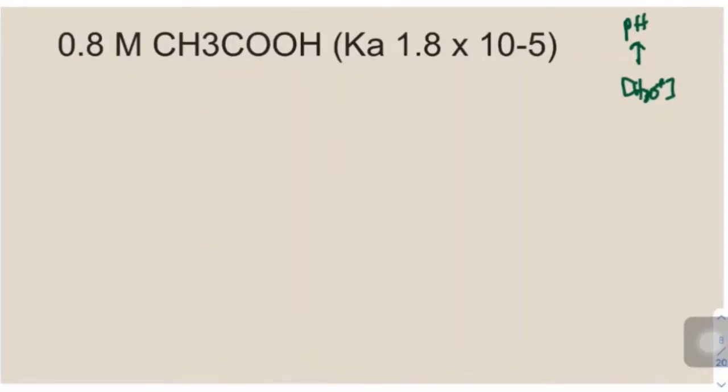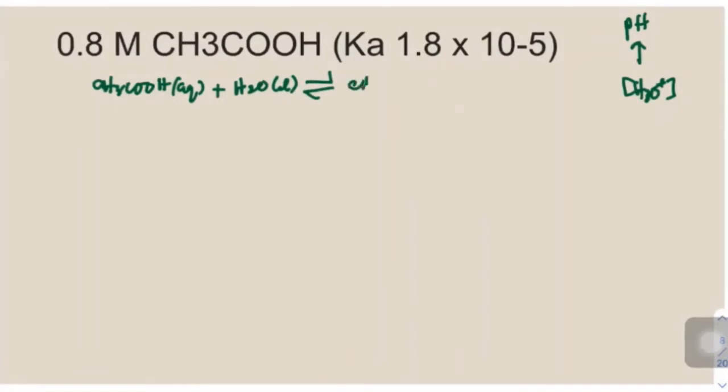So our ICE table will be CH3COOH reacts with H2O, reversible arrow because this is a reversible reaction, turns to acetate ion and also H3O plus. Initial concentration, this is the same as what we have done in the equilibrium topic.